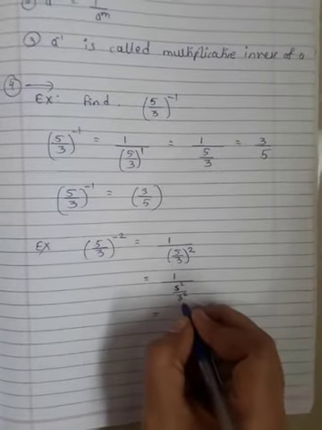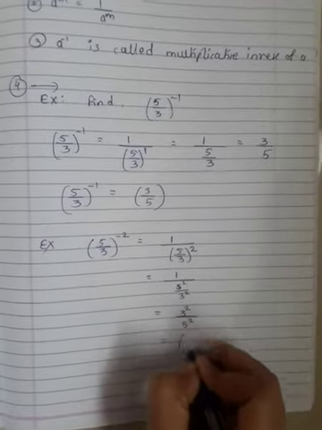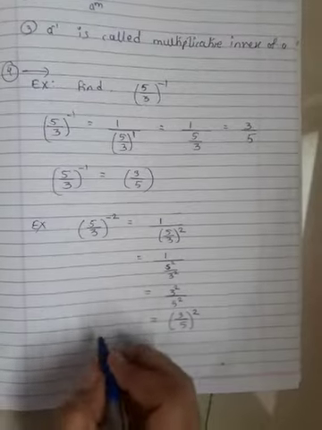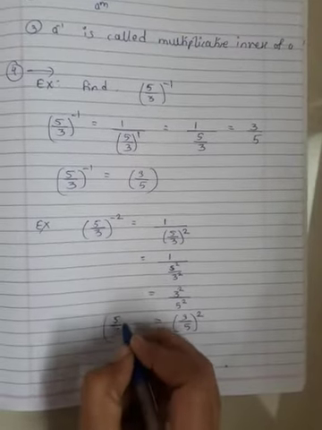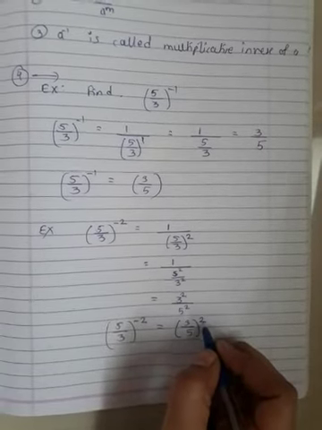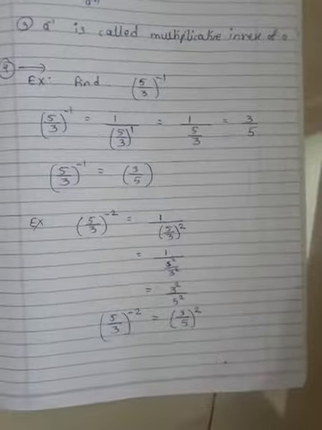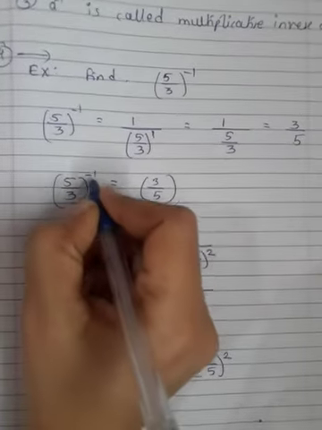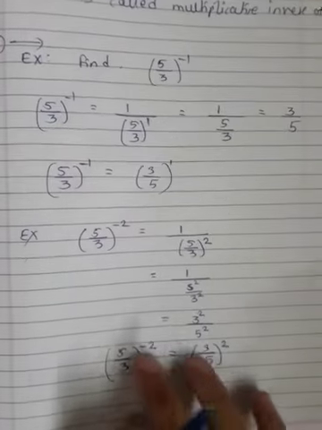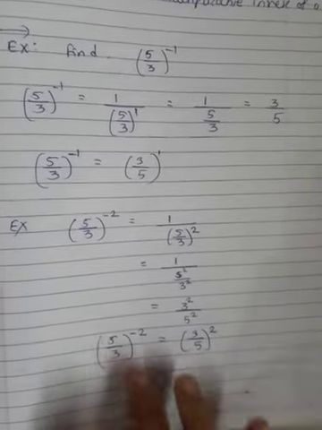Now 3 square upon 5 square is 3 by 5 whole square. So 5 by 3 raised to minus 2 is nothing but 3 by 5 raised to 2. In the above example, 5 by 3 raised to minus 1 is 3 by 5 raised to 1.